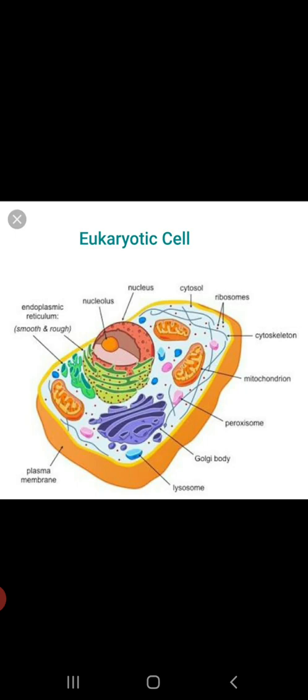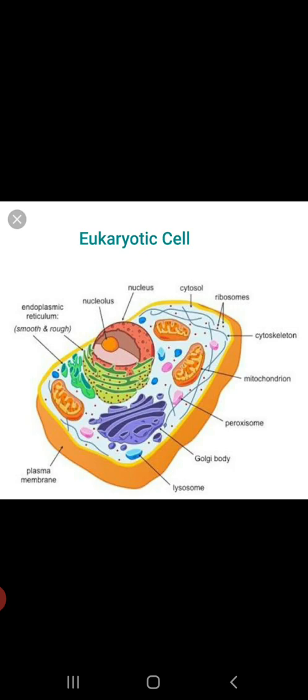Amoeba is an example of eukaryotic cell, amoeba and paramecium. Alright, children, whereas a plant cell and animal cell are the other examples of eukaryotic cell. A eukaryotic cell contains a well-developed cell membrane, as you can see.